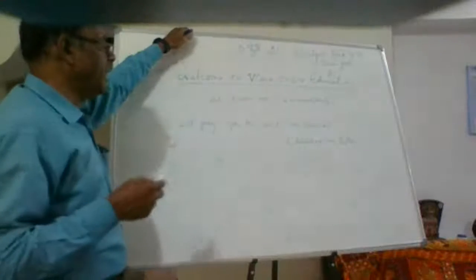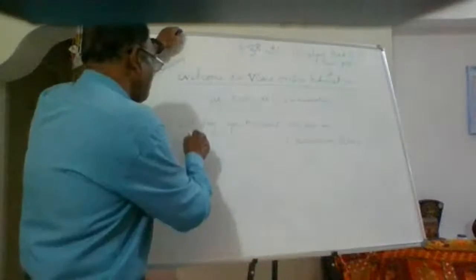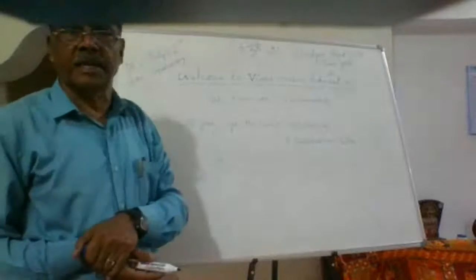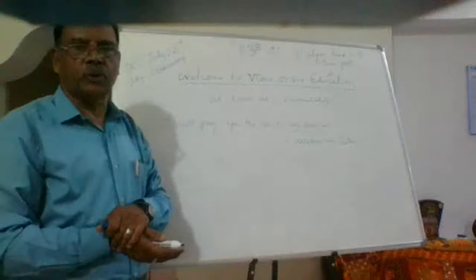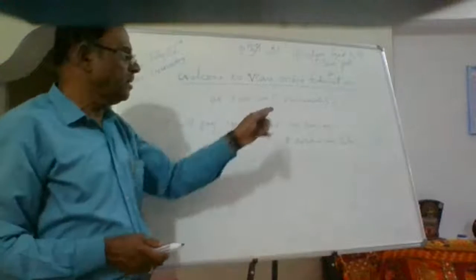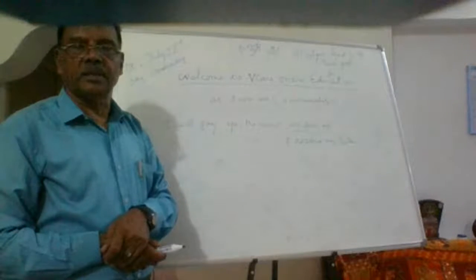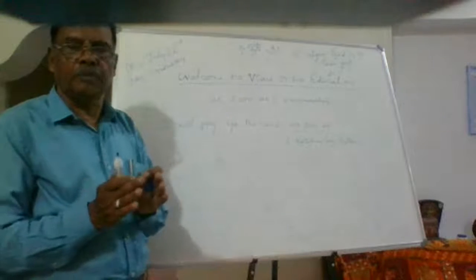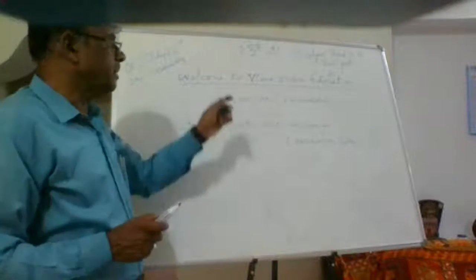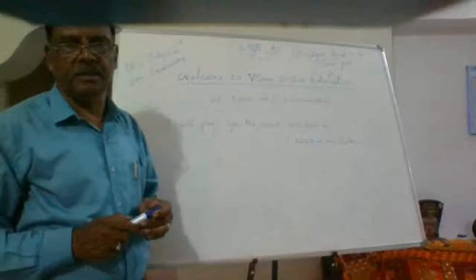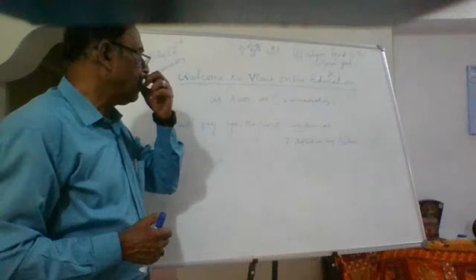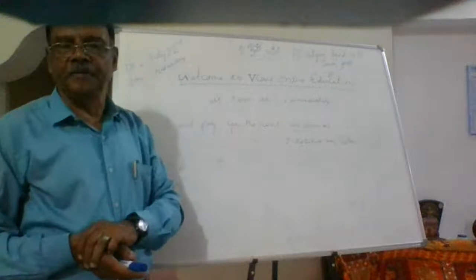I will pay you the rent as soon as I receive my salary. I will pay you the rent is one sentence. I receive my salary is one more sentence. When you club both sentences together and frame one sentence, we make use of as soon as. So as soon as makes the two sentences club together to form one sentence. That is the beauty of a conjunction.